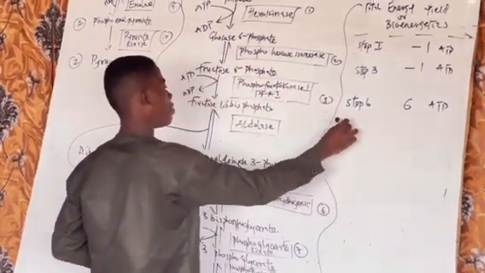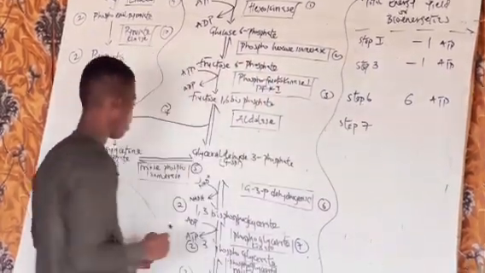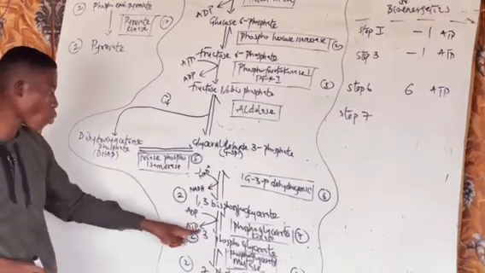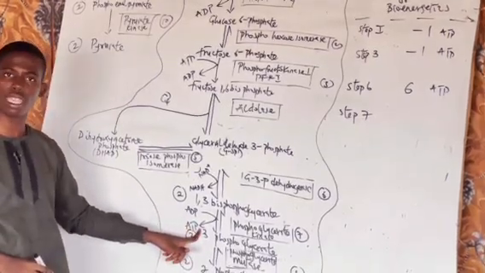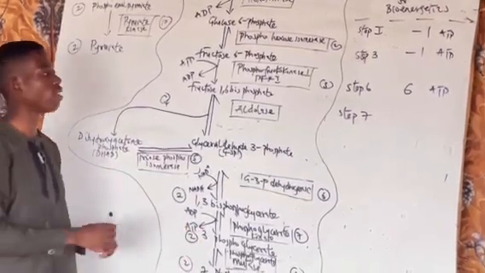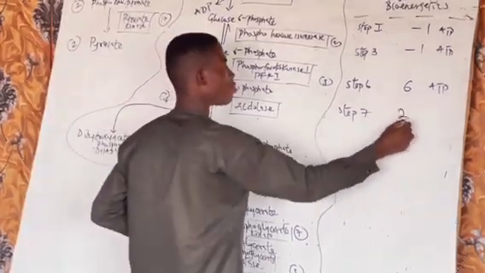Step 7, you can see 1 ATP is produced there, times 2, which is 2 ATP.